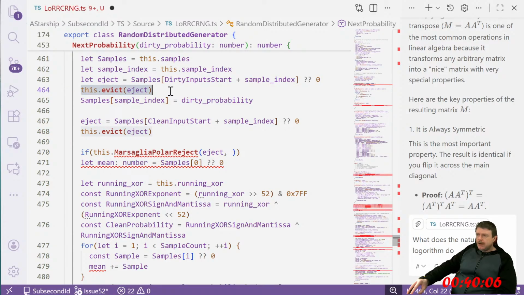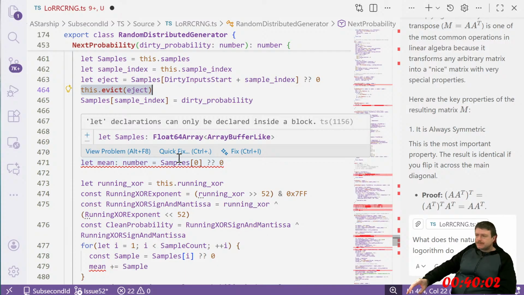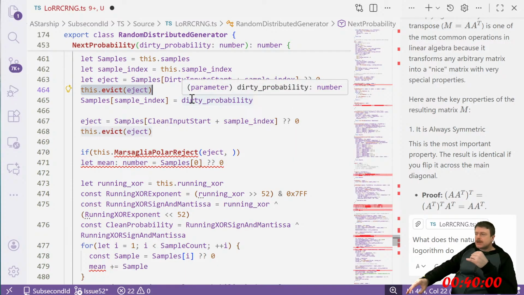Let's say it's like a really powerful AI. This AI is trying to hack my UUID generator here. Sub-second ID. You can find it on GitHub. So that, I think, is more likely than having a hostile actor who's trying to hack your UUID thing.